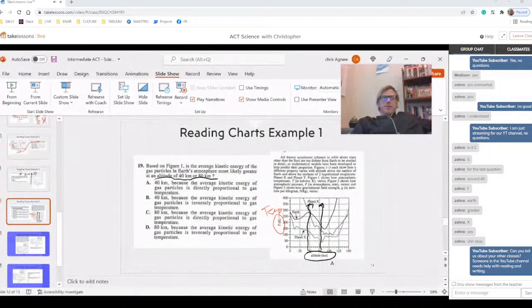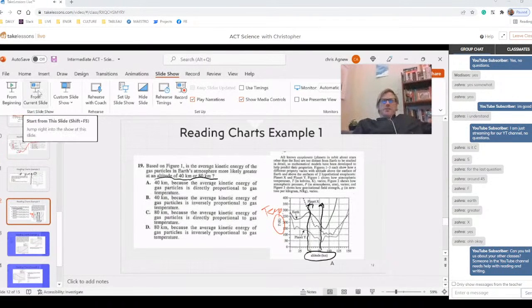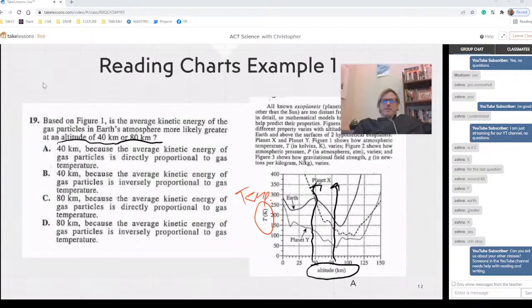Does anybody know how? Anybody? Zara? Temperature, kinetic energy. Okay, the higher the temperature, the more kinetic energy. So that's just a piece of science that you need to know to answer this.